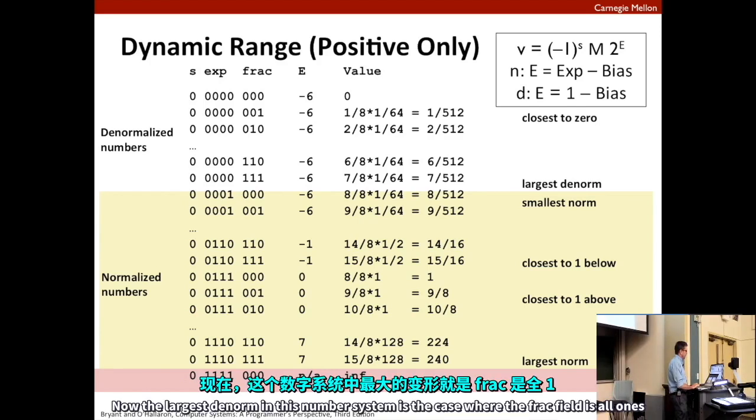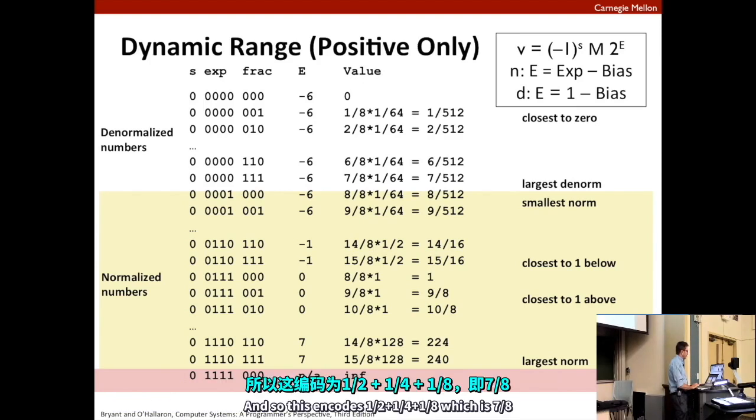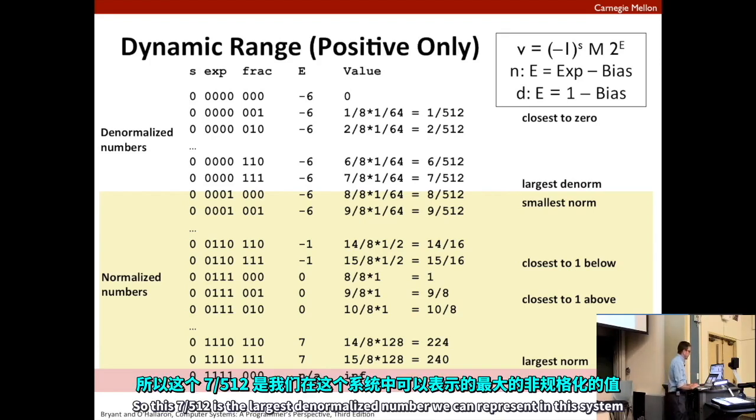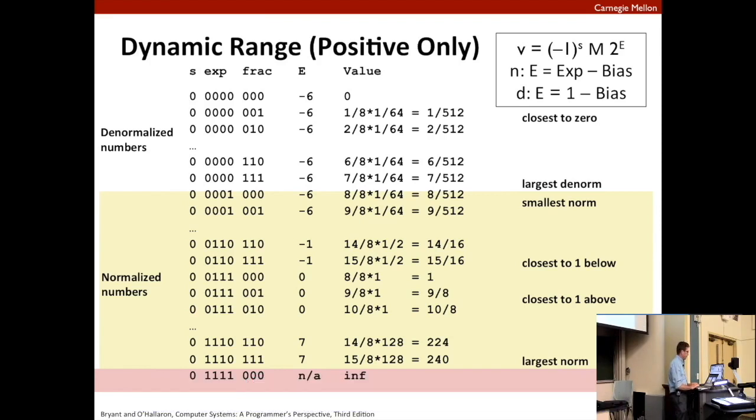Now the largest denorm in this number system is the case where the frac field is all 1s. And so this encodes 1/2 plus 1/4 plus 1/8, which is 7/8. And then our value is 7/8 times 2 to the minus 6, or 1 over 64, and that equals 7 over 512. So this 7 over 512 is the largest denormalized number we can represent in this system.